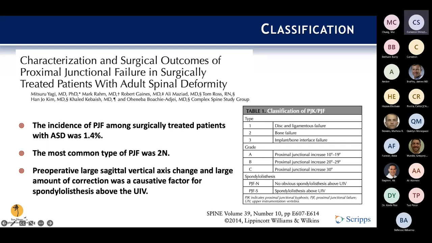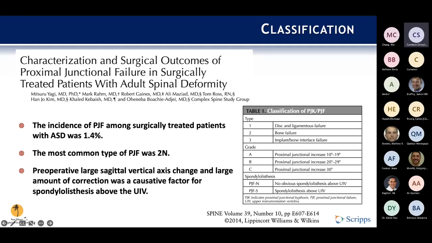They defined it as ligamentous or disc failure, which is type 1, bone failure, type 2, and implant and bone interface failure, which is type 3. Then the grading goes from the proximal junctional kyphosis angle, from 10 degrees to 19 degrees, and they stratify going up from there. And then spondylolisthesis, if that's involved as well.